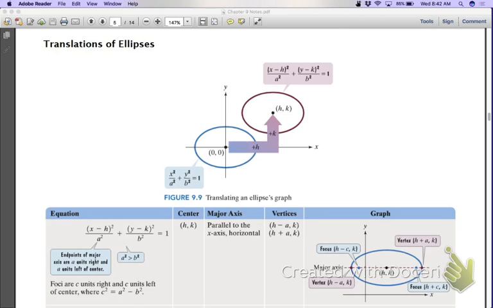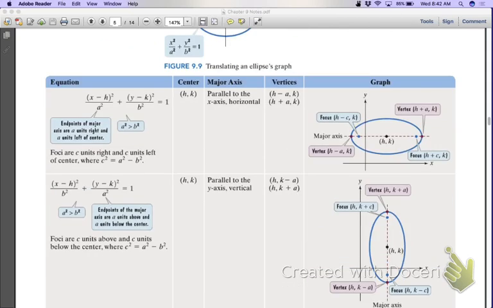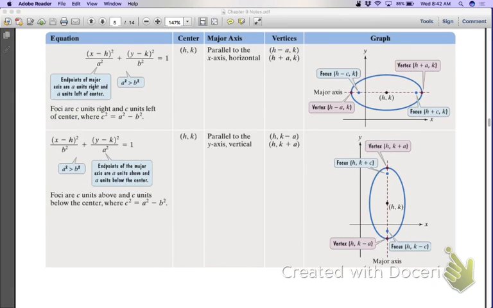So if it's x minus 2, then you would go right 2. That part really doesn't change from what we've done with the circle. It looks a little bit more complicated, but realistically it's not.